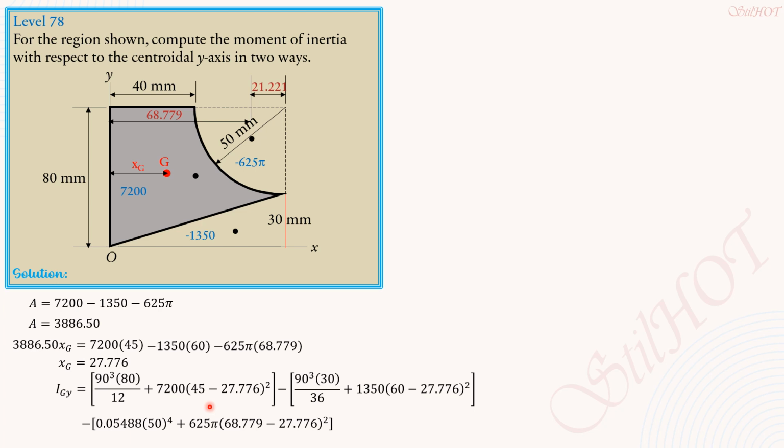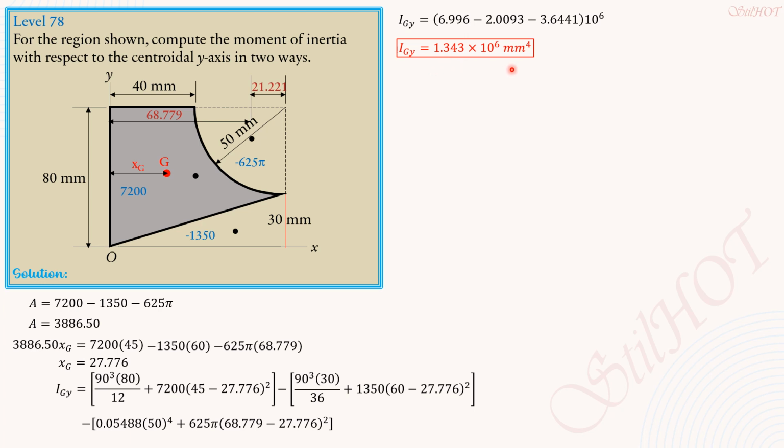So expressing the answer in scientific notation times 10 to the 6, individually, Igy equals 6.996 minus 2.0093 minus 3.6441 times 10 to the 6. So from there, we can solve Igy, or the centroidal moment of inertia with respect to the y-axis. So here, with respect to this axis here, 1.343 times 10 to the 6 mm to the fourth.